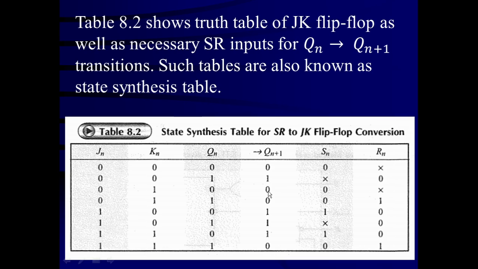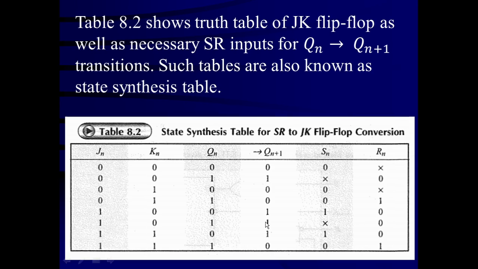Again, for 0 to 0 transition, the 0x condition is required. You can see that from the first row, you can copy down. For 1 to 0, that is a reset condition, S is equal to 0 and R is equal to 1 is required. From 0 to 1, that is a set condition, S is equal to 1, R is equal to 0 is required.